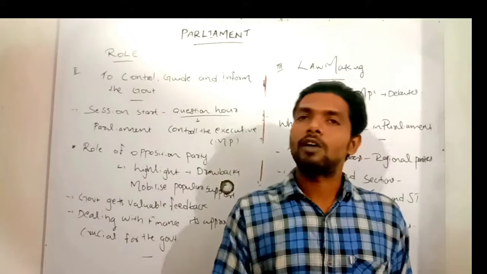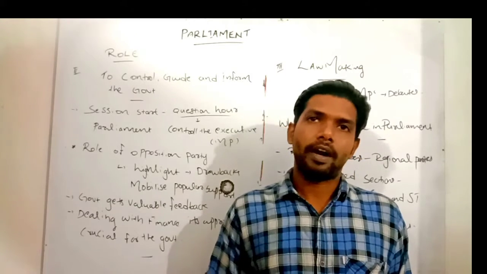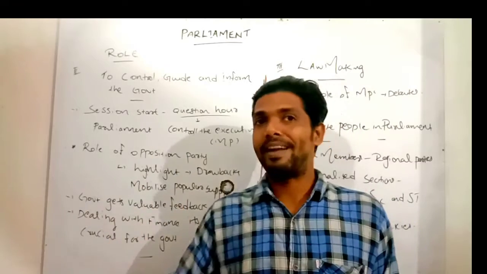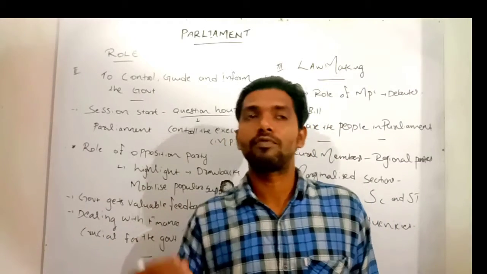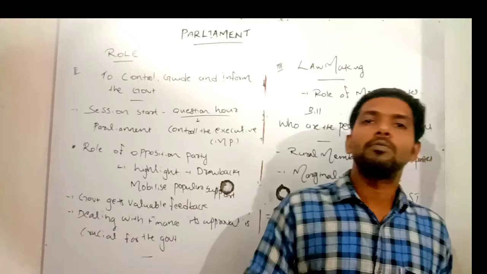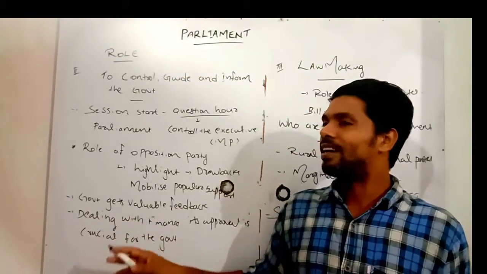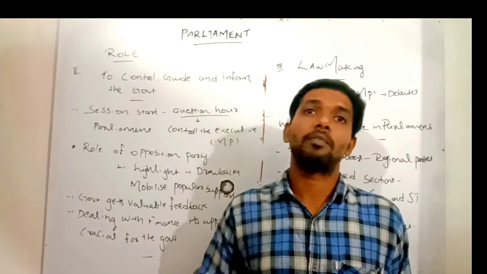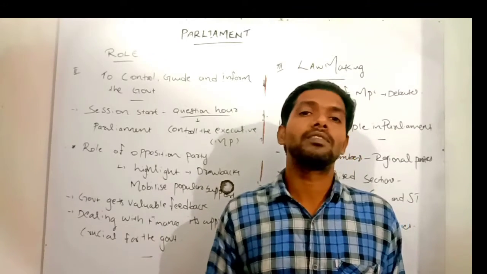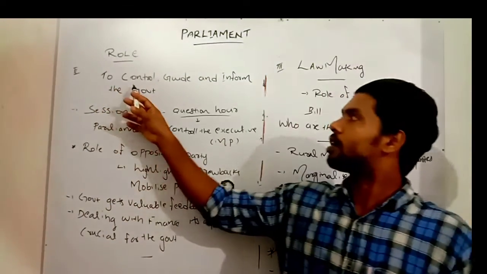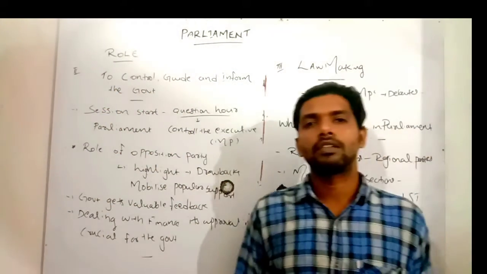The government seeks the advice of the parliament, and parliament's sanction and voting are compulsory for spending a huge amount on implementing new policies and programs. So in the case of financial activities, parliament's sanction is compulsory for the ruling government. Through that, our parliament controls, guides and informs the government.